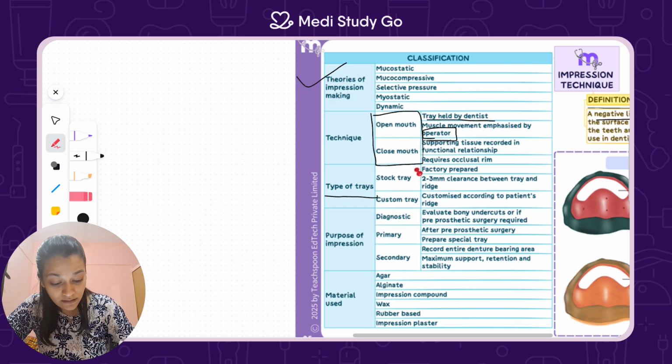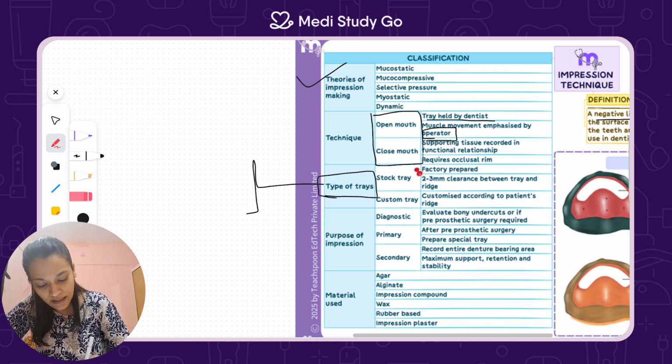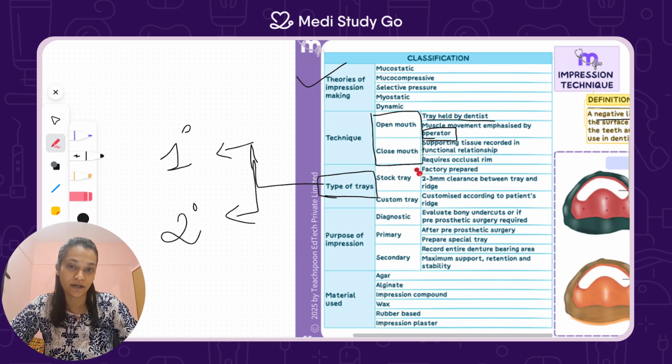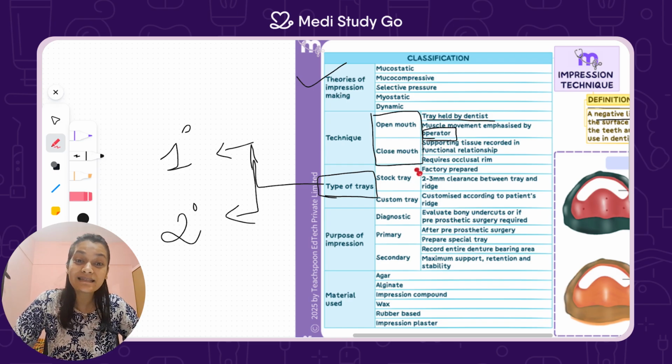Then, according to the types of tray. When I talk about trays, what comes into your mind? Do you recall that we use a different tray for primary impression and a different tray for the final impression? Why is it? Primary is just for diagnostic purpose, so we just take a broader view into consideration, but at the same time, the primary impression will help us to design the final or the custom tray.